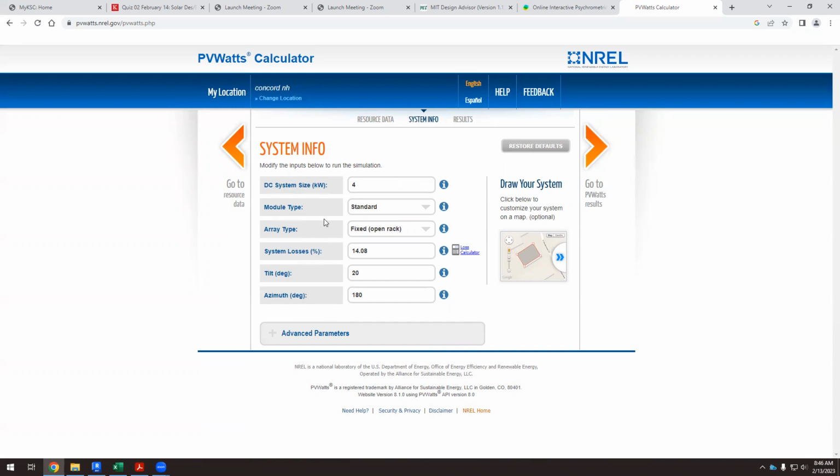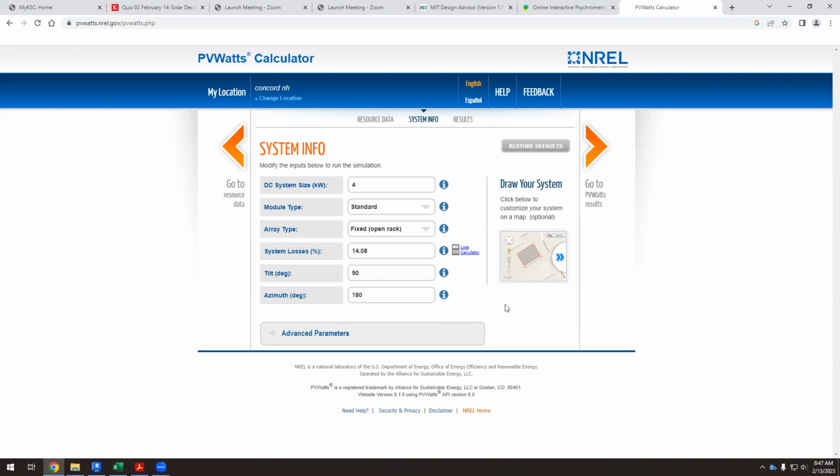We're not going to use that so far, but we're going to use the tilt and the azimuth. So the tilt is the angle of the window, because now we're talking about windows, with respect to the horizontal line. So if we have a wall, this tilt is always 90.